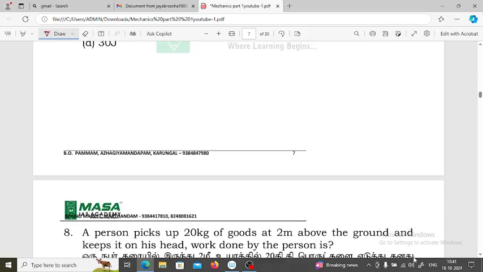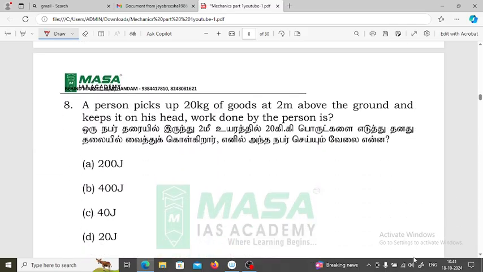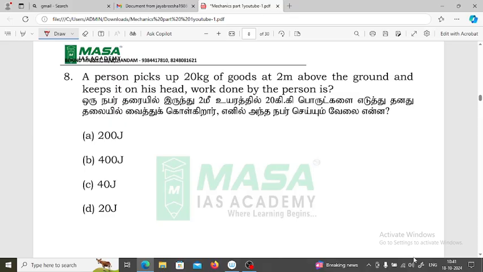Question number 8. A person picks up 20 kilogram of goods at 2 meter above the ground and keeps it on his head. Work done by the person is. ஒரு நபர் தரையிலிருந்து 2 மீட்டர் உயரத்தில் 20 கிலோகிராம் பொருட்களை எடுத்து தனது தலையில் வைத்துக் கொள்கிறார். எனில் அந்த நபர் செய்யும் வேலை என்ன?